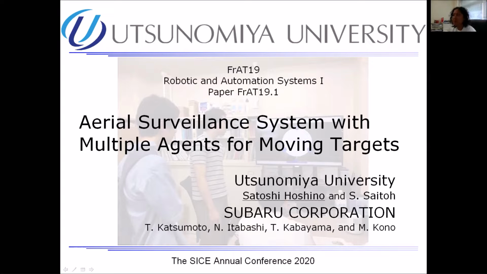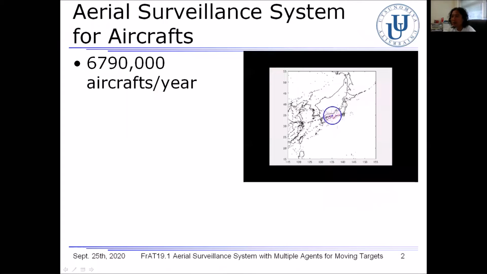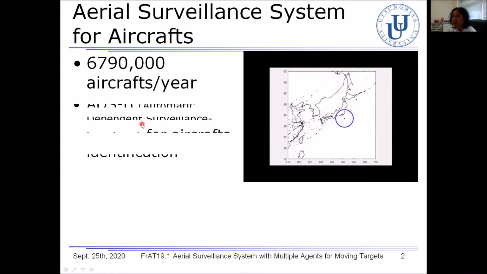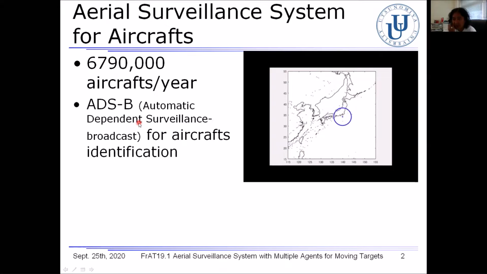Today I'm going to talk about aerial surveillance system with multiple agents for moving targets. Okay, so first off, as you can see here in this simulation movie, we have so many aircraft in our airspace. Many of the aircraft are equipped with a so-called ADS-B, Automatic Dependent Surveillance Broadcast, for identification.